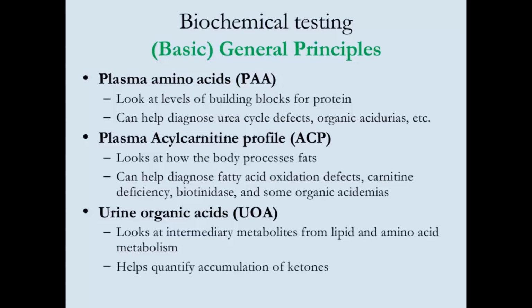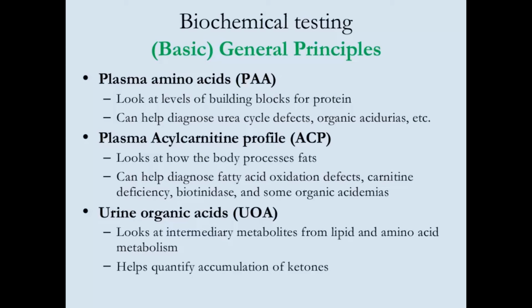But I was taught that urine amino acids are really only useful if you're considering some really strange disorders, including lysinuric protein intolerance, in which you have an elevated citrulline level, or triple H syndrome. It's really not useful for some of the basic inborn errors that you may deal with. It doesn't mean you can't order it, it just may give you some abnormal result that you have no idea what to do with.